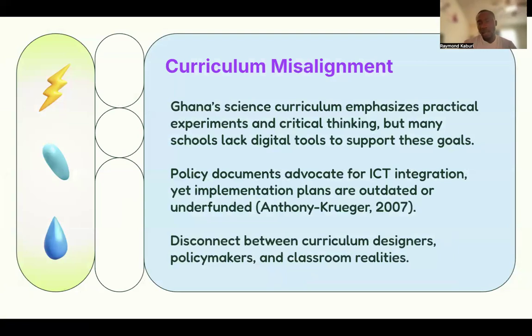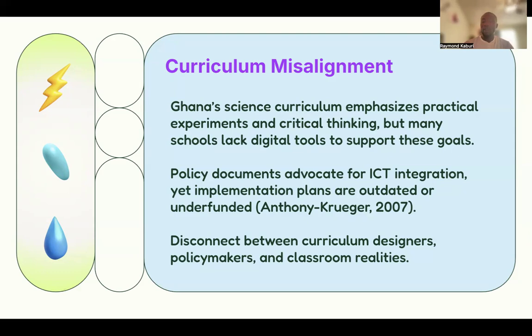Last but not the least is the curriculum misalignment, which I've earlier mentioned. Ghana's science curriculum emphasizes practical experiment and critical thinking, but many schools still lack the digital tools to support these goals, and that's the truth. So the curriculum is trying to bring the practical component of teaching and learning, but there are still no digital tools that can support these goals.